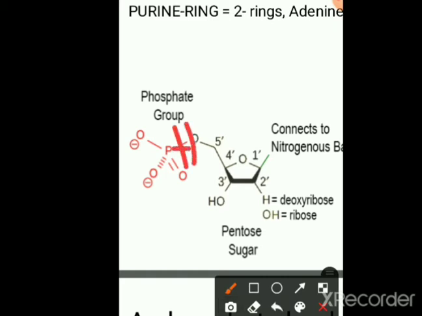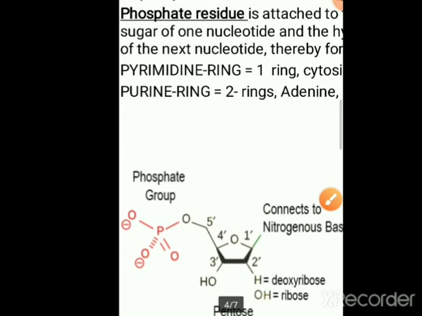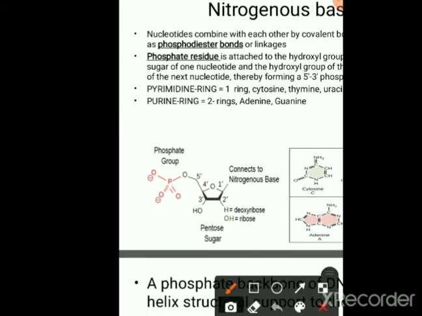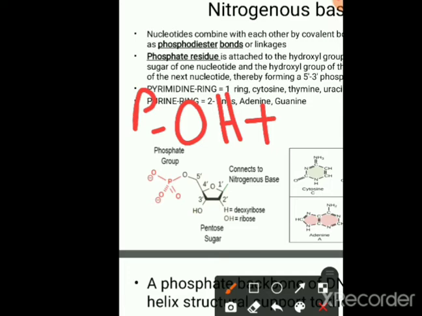The phosphate comes along with its OH group and attacks the OH group of the 5' carbon.